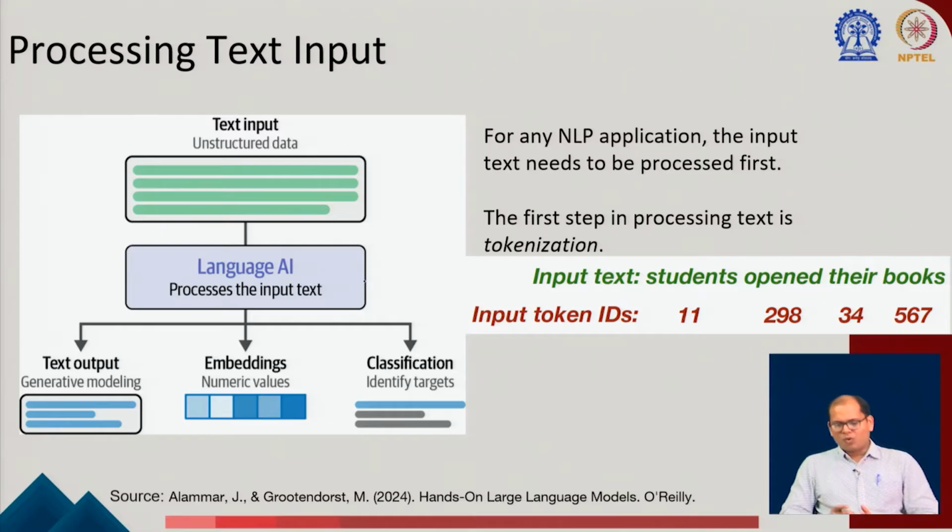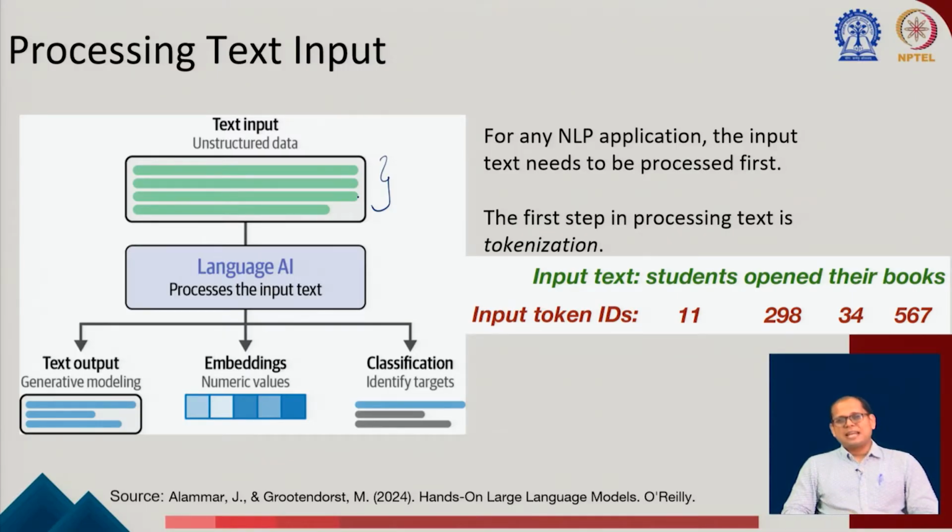So what does it involve in processing the text data? Text is typically very unstructured data. You would have a whole document, an article, and so on. You can think of it as a sequence of characters, ASCII characters, or Unicode.